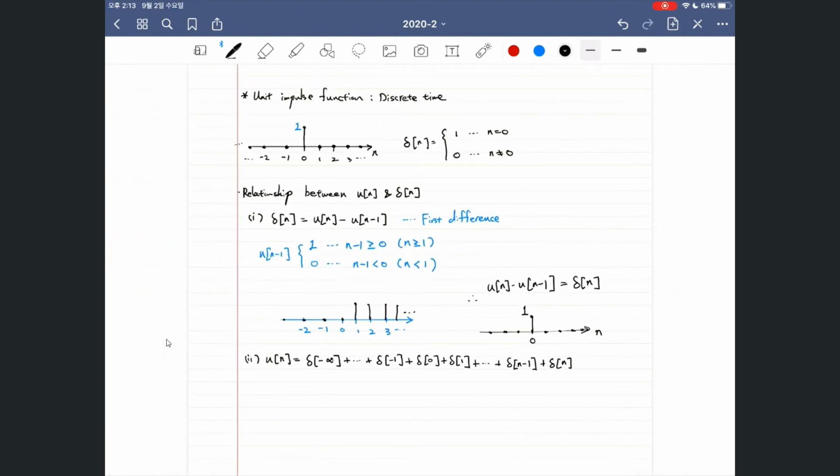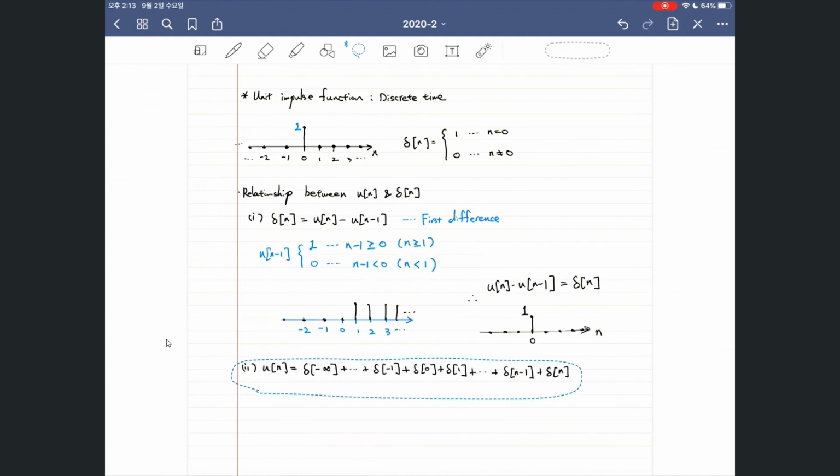Okay. So I think I may stop here, and we will continue with the second way of relating the unit step function and the unit impulse function in the next lecture.